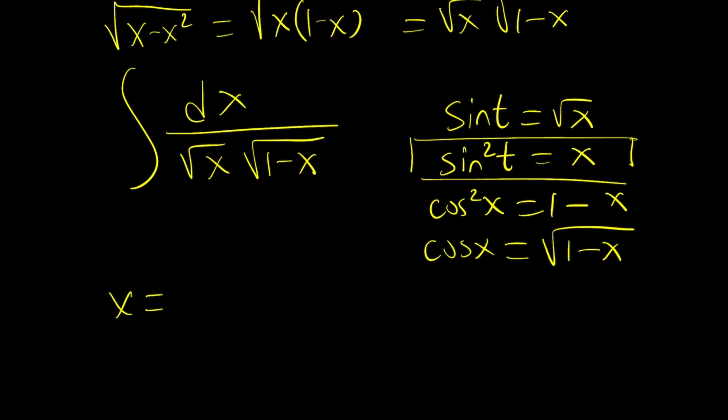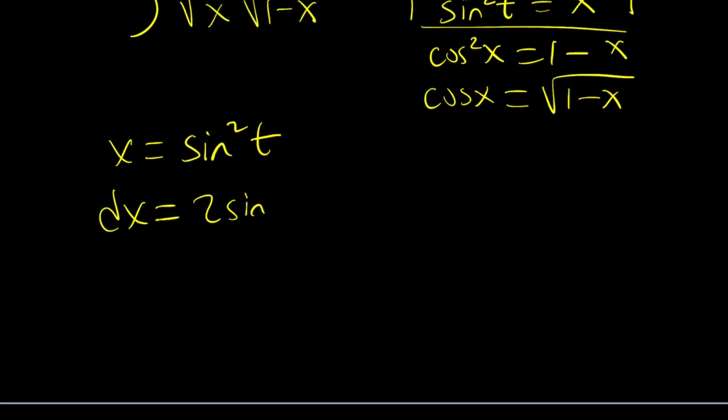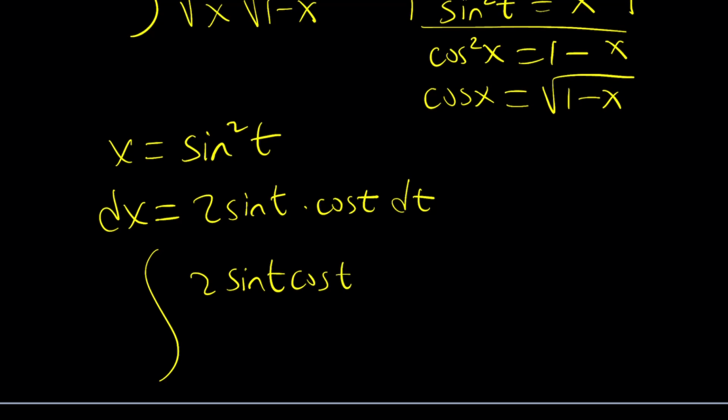Since x is equal to sine squared t, dx is just going to be the derivative of sine squared t, which is 2 sine t, and then the chain rule says the derivative of the inside, and then finally dt, right? So let's go ahead and plug in everything. Dx will be replaced with 2 sine t cosine t dt.